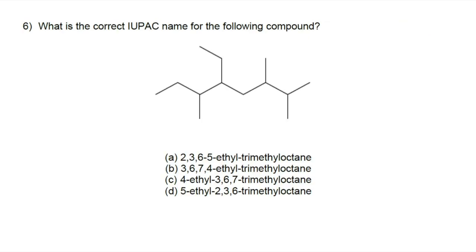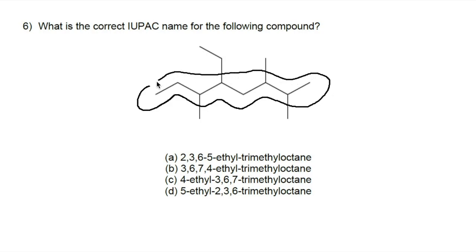What's the IUPAC name for the following compound? First of all, you have to identify the longest possible chain. The longest possible chain in this case is going to be this one, right there.